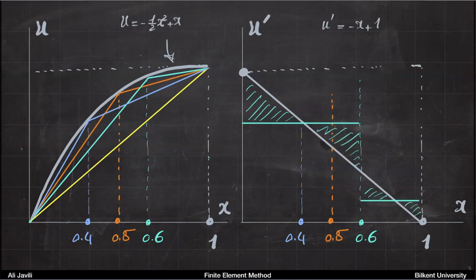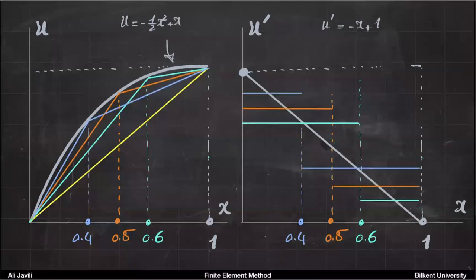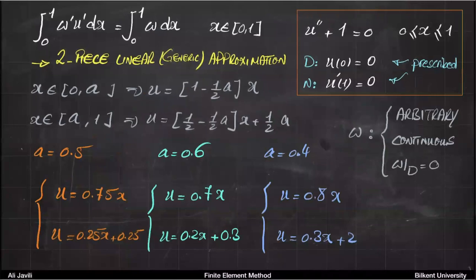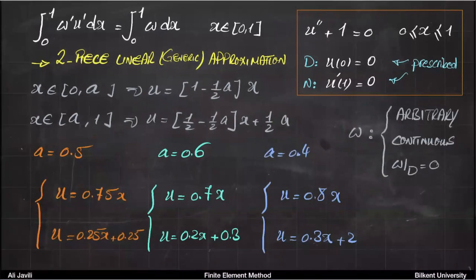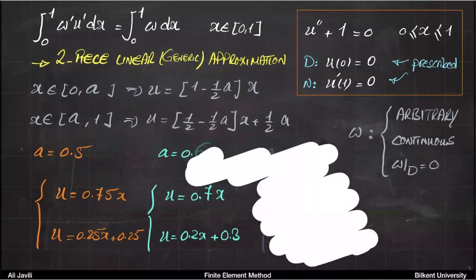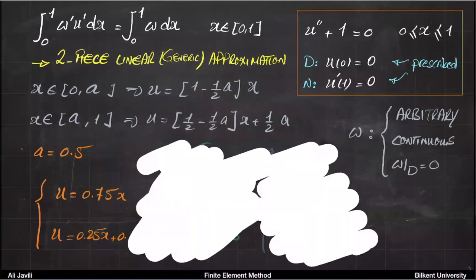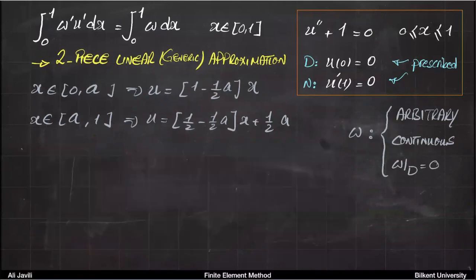Okay, so how can we see this? It's actually not too difficult, because we have now the generic solution. So remember, here you have the generic solution. From the generic solution, you can actually calculate u prime for each piece.